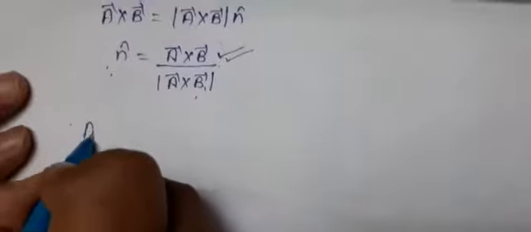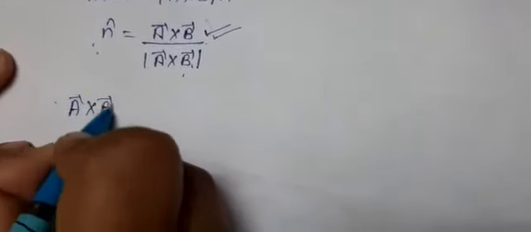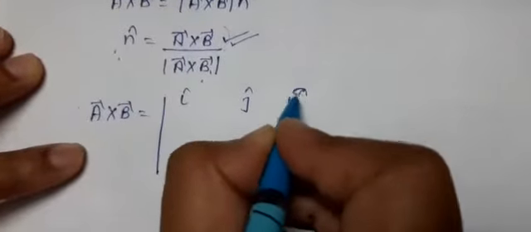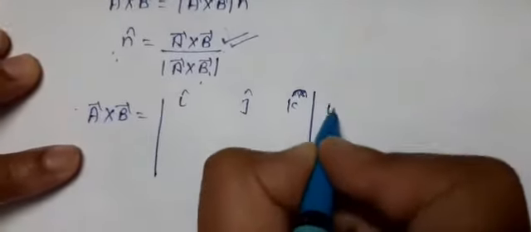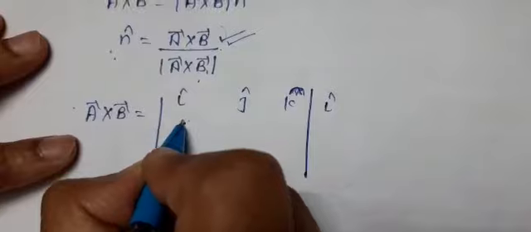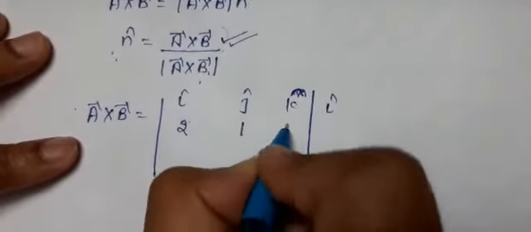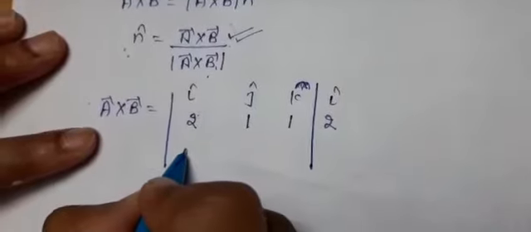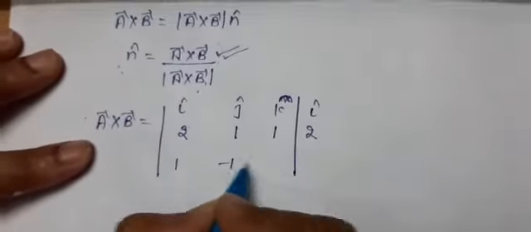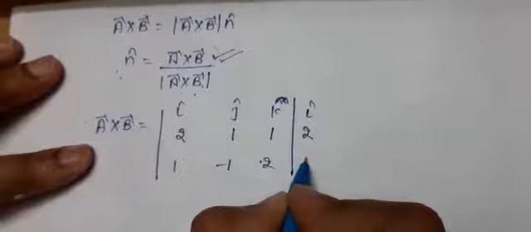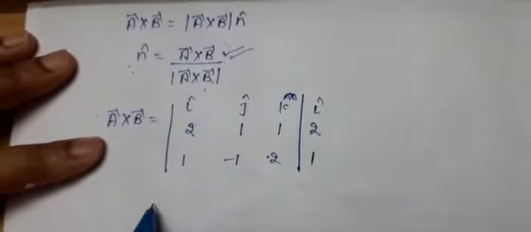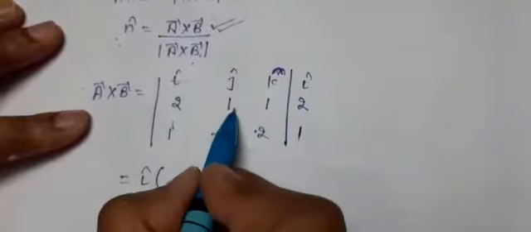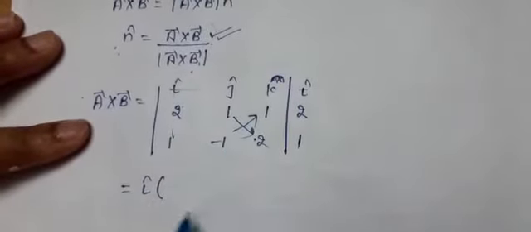So as per it, let me find A cross B. Here I, J, K, I will write the coefficients as in vector A. The I coefficient is 2, the J coefficient is 1, the K coefficient is 1, again here is 2. For vector B, the I coefficient is 1, the J coefficient is minus 1, the K coefficient is 2, and it is 1. Now I am not showing it by cut, I am directly coming to the results.